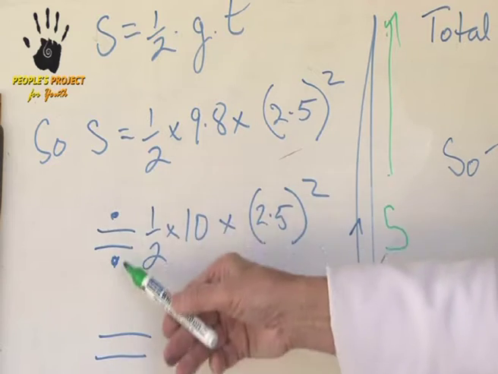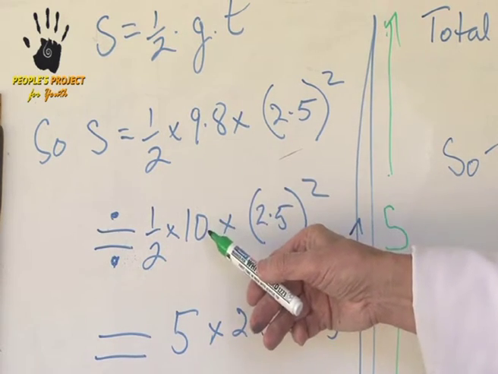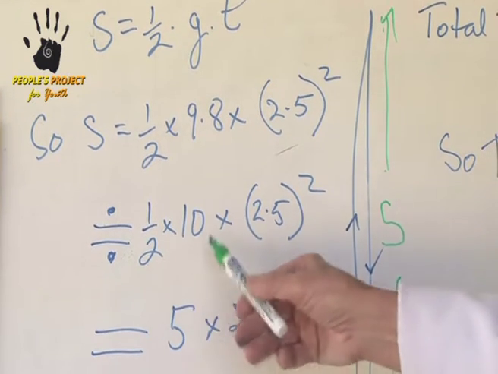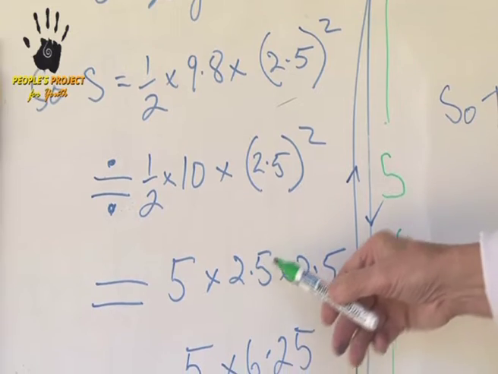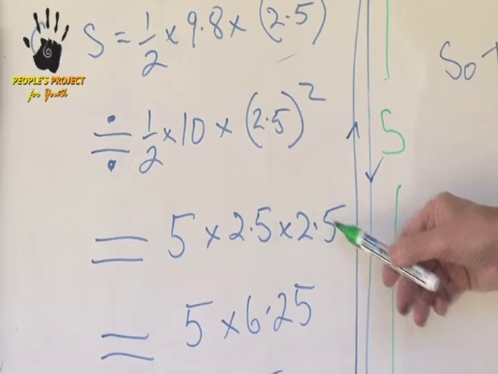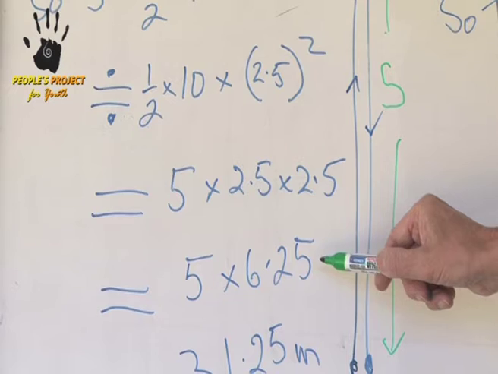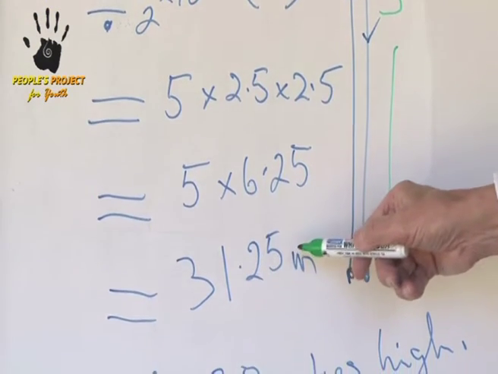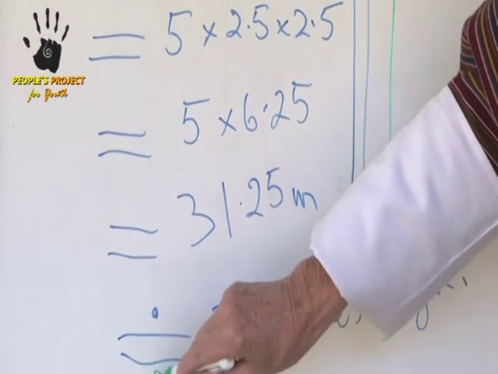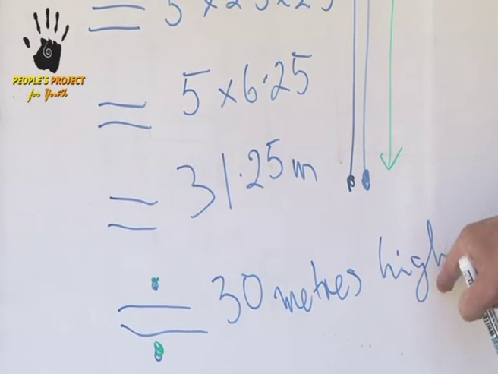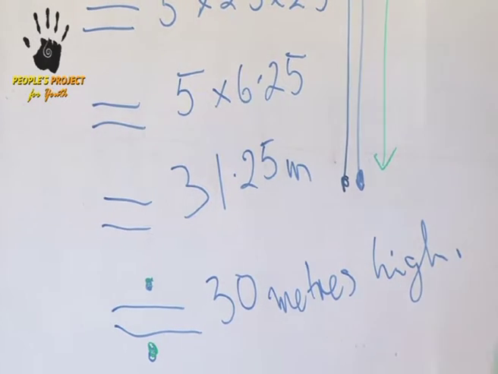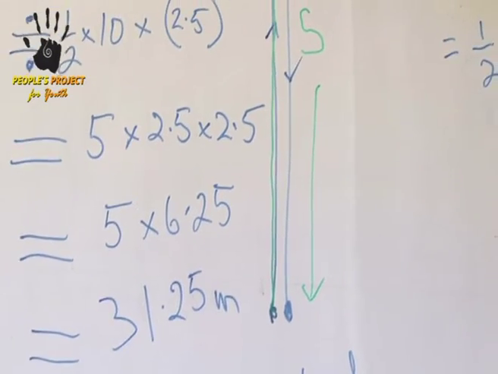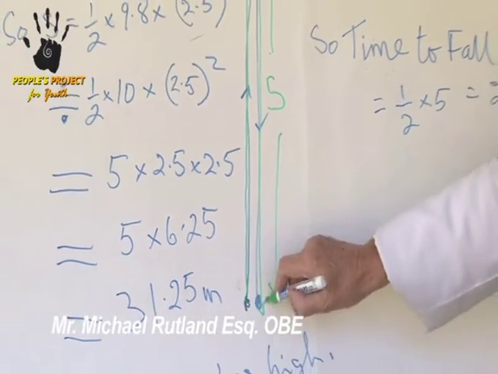So this approximately equals a half multiplied by 10 multiplied by 2.5 squared. So a half of 10 is 5, multiplied by 2.5 by 2.5 gives us 5 multiplied by 6.25. When we multiply 5 by that, we get approximately 30 meters. So we can work out, simply with a little stopwatch, that our arrow rose 30 meters into the air and then fell 30 meters.